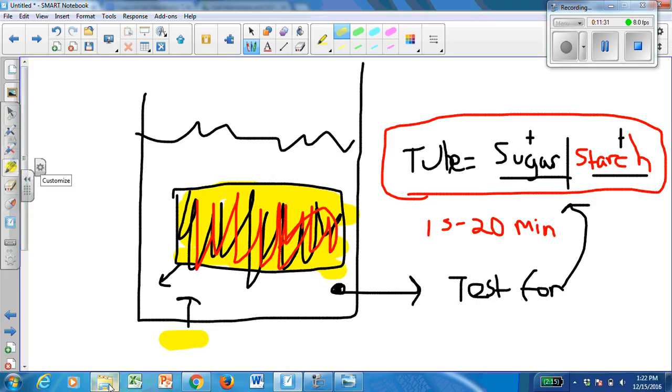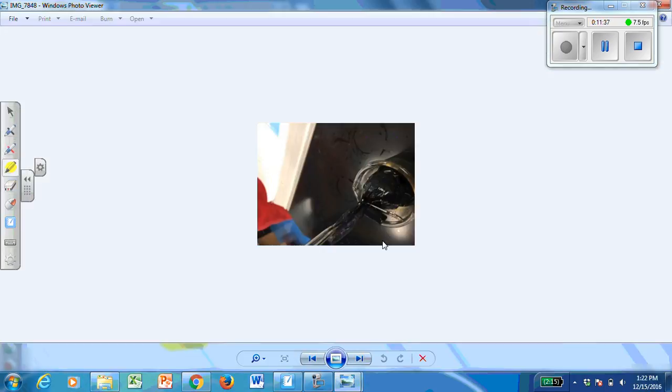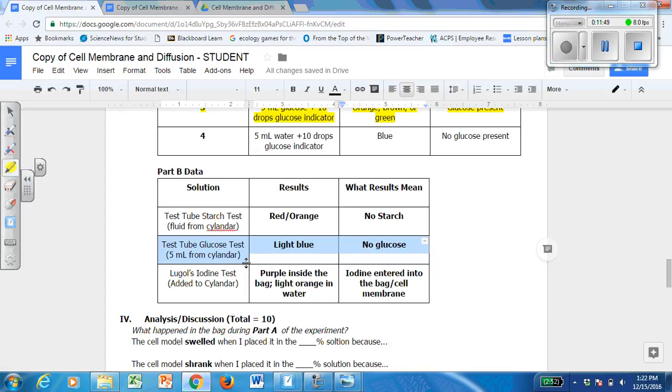And here is what we found when we did that. Right there. We added the iodine to the water, and the iodine diffused through the bag, making the inside part of the bag black. So if we go to our data table, when we added the iodine to the outside part of the membrane, it diffused in, meaning that iodine can enter the bag or the cell membrane.